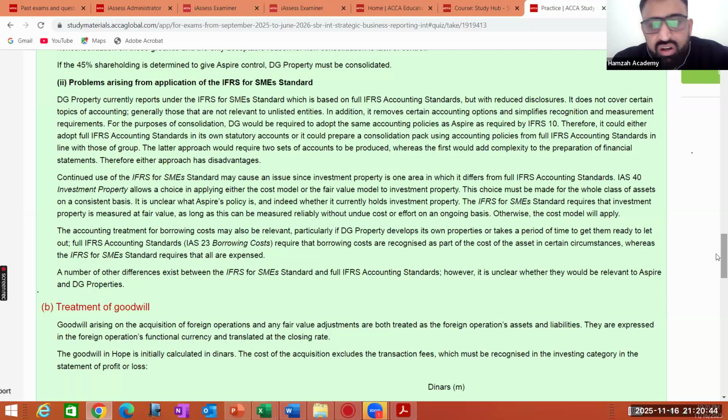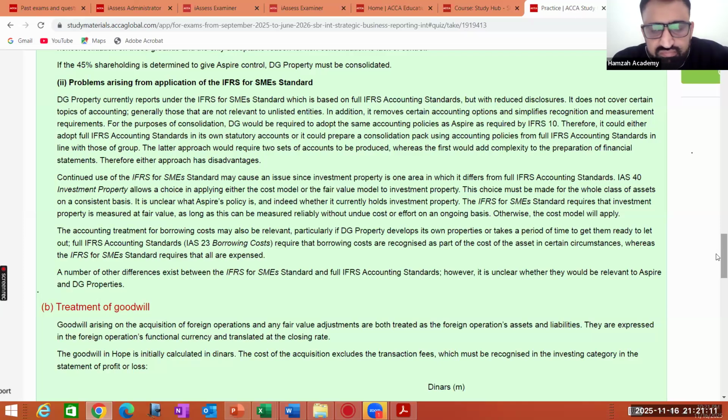Because in consolidated financial statements, as we studied yesterday, a single set of accounting policies will be applicable. And if Aspire is a listed company, a public company, then they have to apply the full accounting standards without any relaxation. And when they do it, obviously they have to redraft the financial statements of the DJ property, which could be challenging for them.